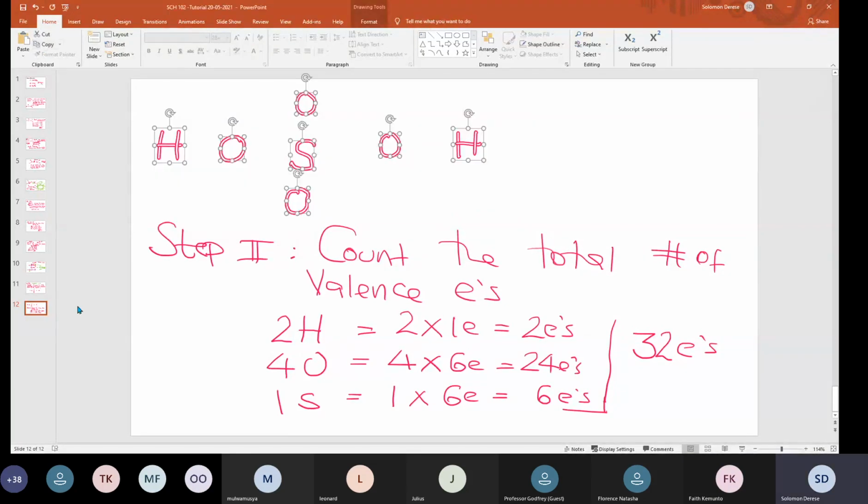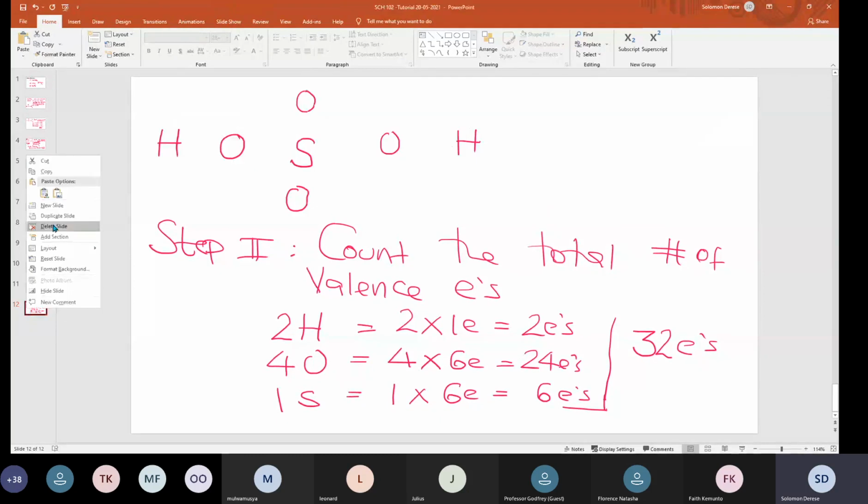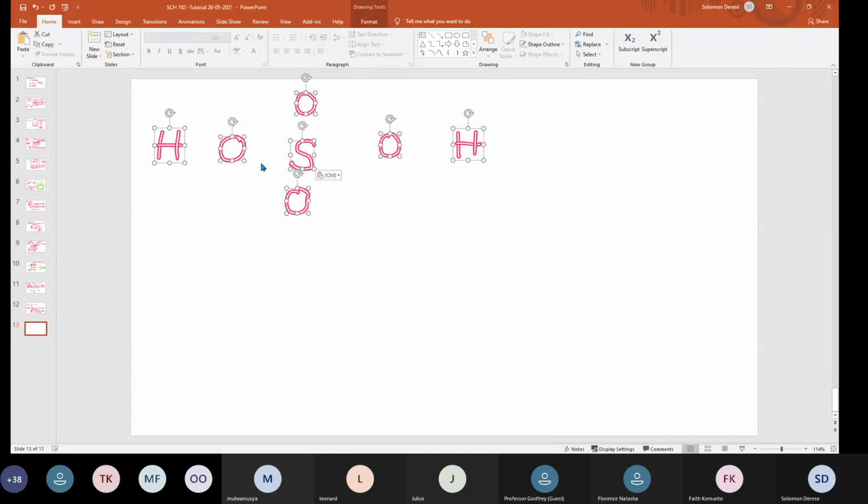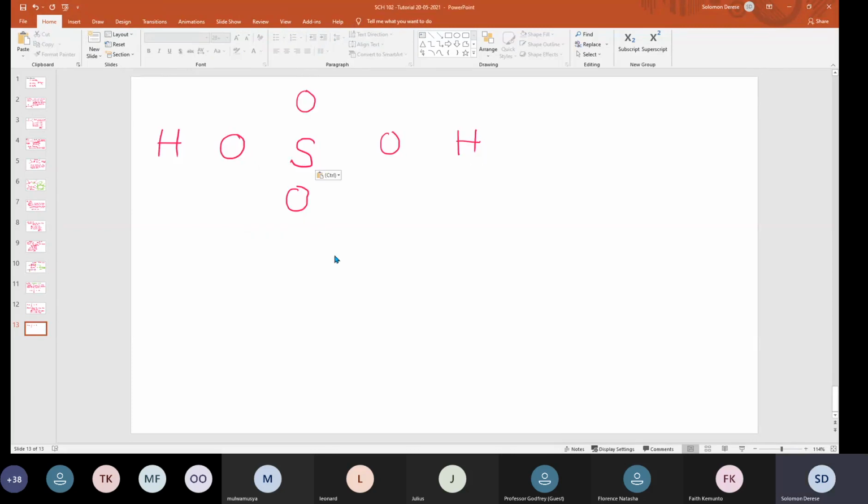And the 32 electrons we got from the previous step, okay? So now, what is the next step? The next step is step 3, okay? Step 3.